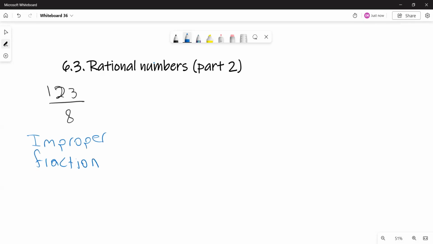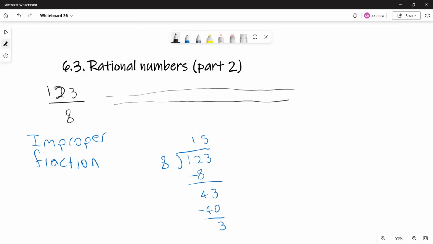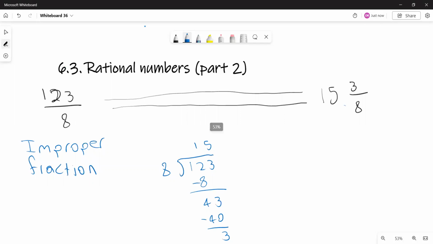And if we divide 123/8, so if we do the division, we get a mixed number. So that's an improper fraction, and that is equal to 15 and 3/8. This is an example of a mixed number.